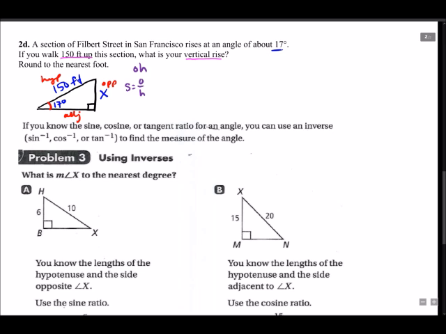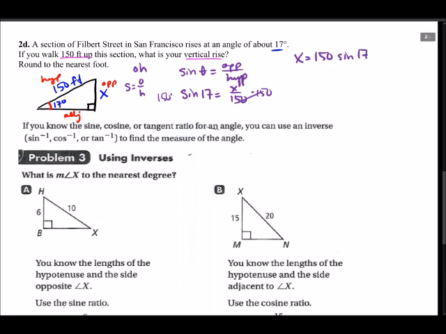So sine theta equals opposite over hypotenuse. Sine 17 is x over 150. Multiply both sides by 150. So that cancels. X equals 150 sine 17 degrees.